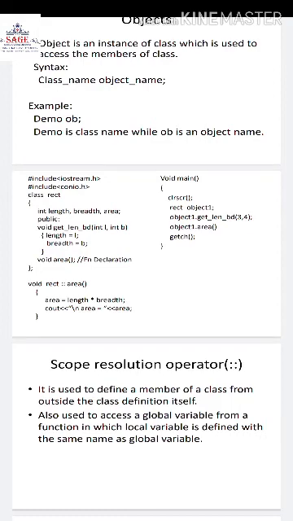Now in the main function we call the area function using the object, the syntax is object1 dot area. When we call the area function, length into breadth is multiplied, that is 3 into 4, that is 12, which will be assigned to the variable area, and then we output the area, that is 12 will be the output.